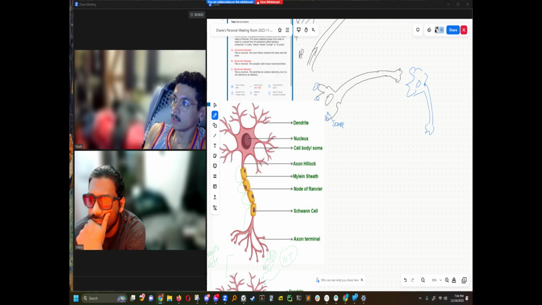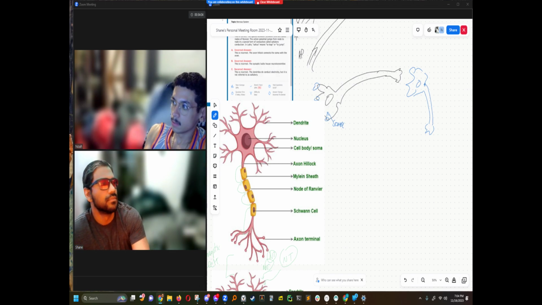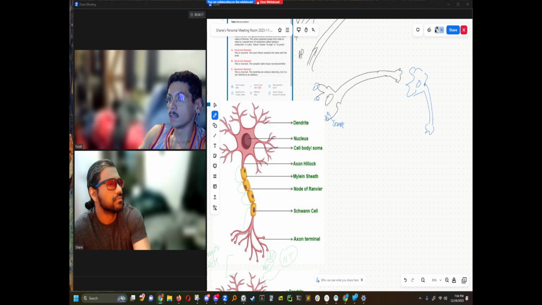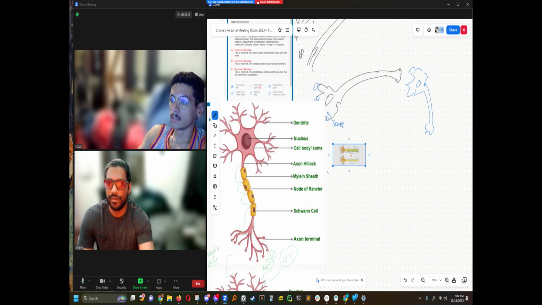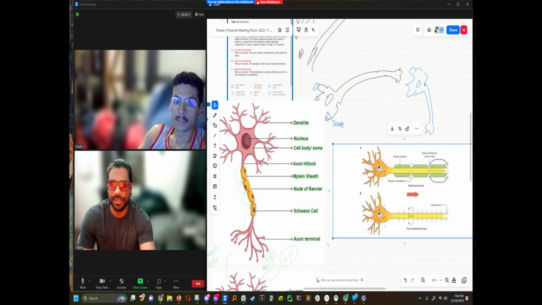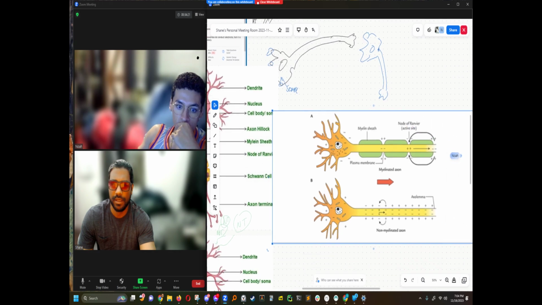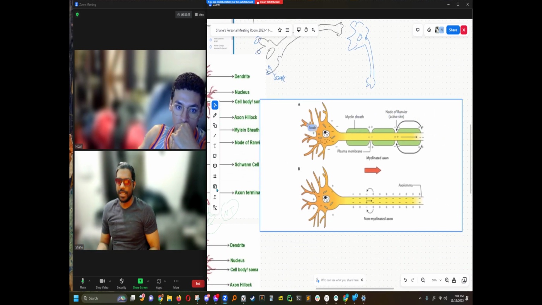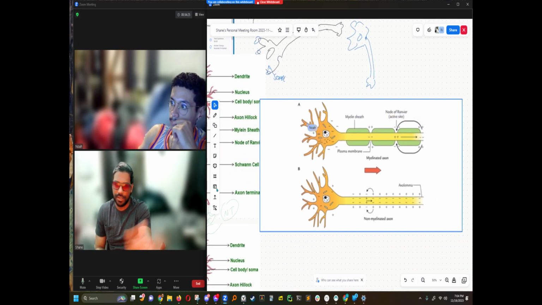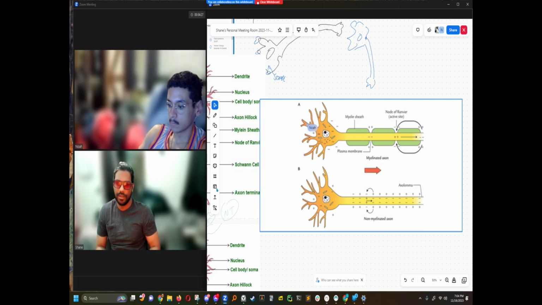Latin, saltus. All right, perfect. So that's good. I'll put in another diagram to show this. You can see the non-myelinated axon, it's just running along the length right there.